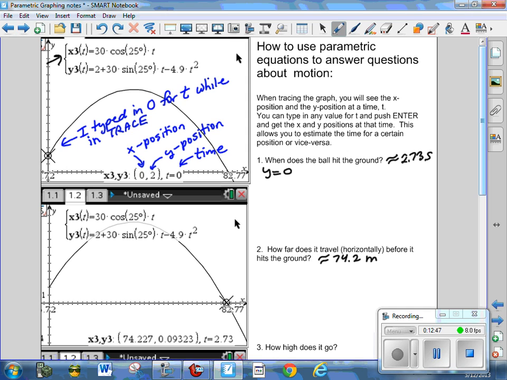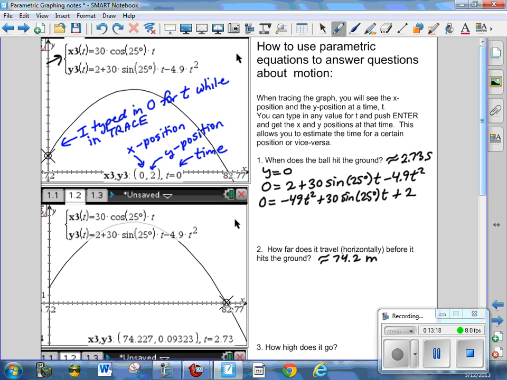You do see that we have a quadratic equation: 2 plus 30 sine of 25 degrees t minus 4.9 t squared. If I write this in the order of a quadratic equation, it's negative 4.9 t squared plus 30 sine 25 t plus 2.